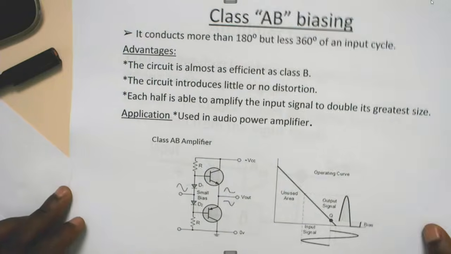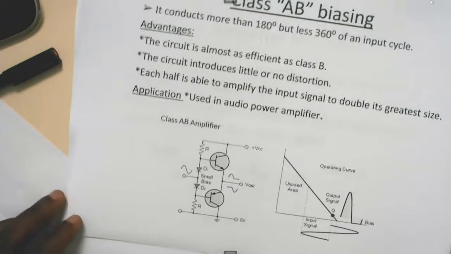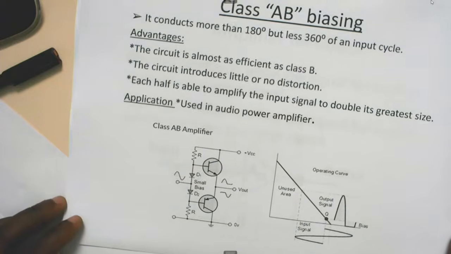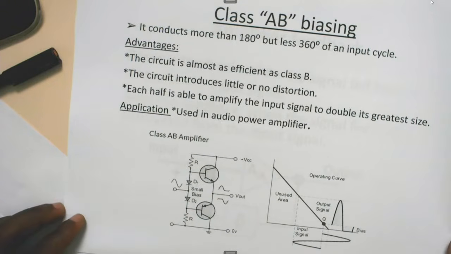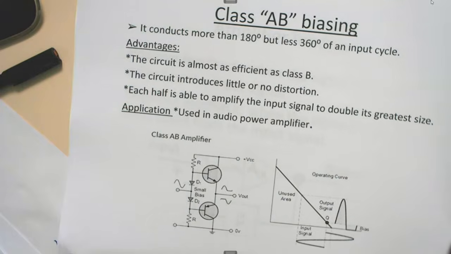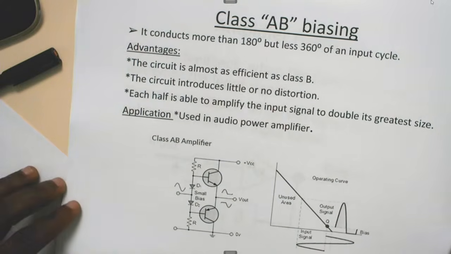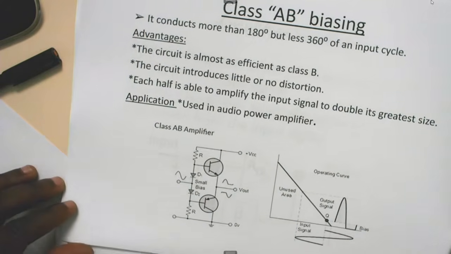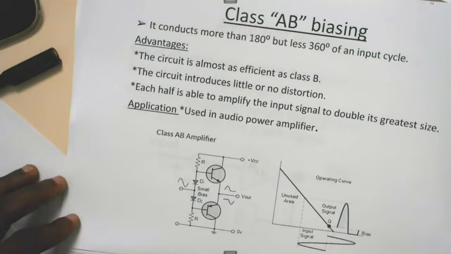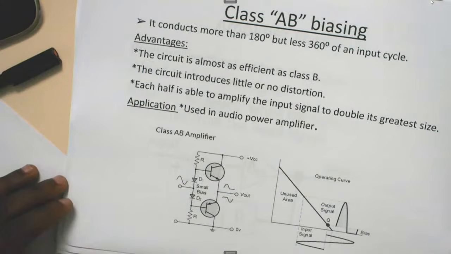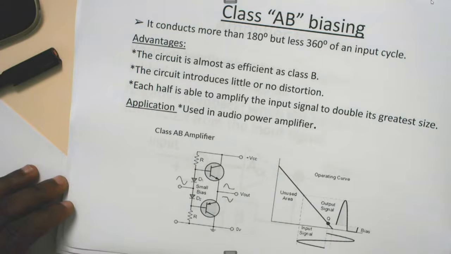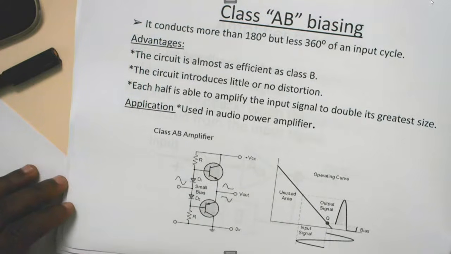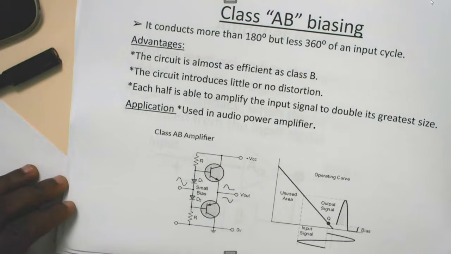Then class AB conducts for more than 180 but less than 360 degrees of an input cycle. The advantage of this is that the circuit is almost as efficient as class B. The circuit introduces little or no distortion. Each half is able to amplify the input signal to double its greatest size. Application: it is used in audio power amplifiers.